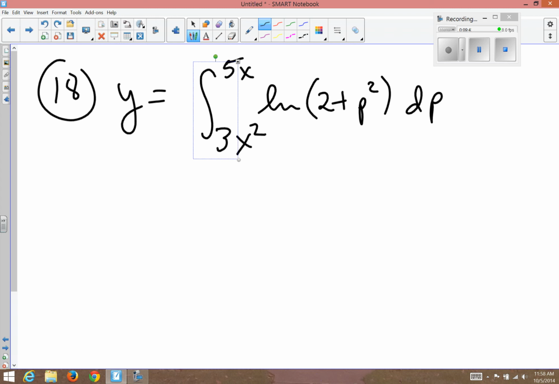Looking for the derivative of both sides of this, because the derivative of the left side is what's asked for.